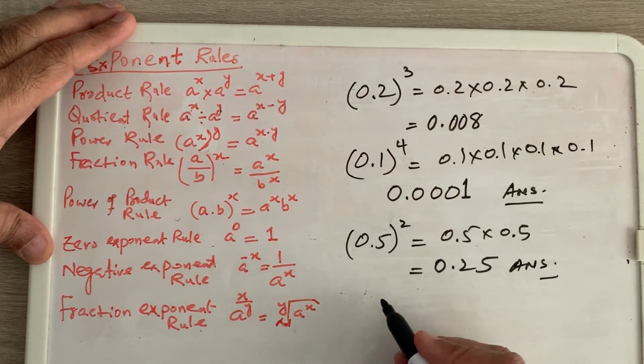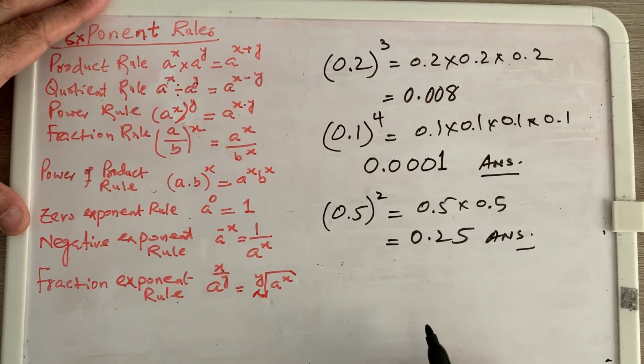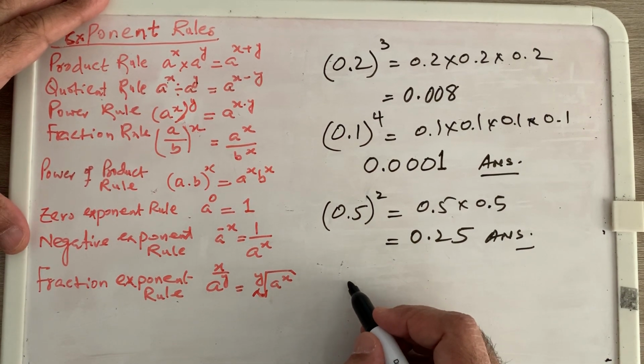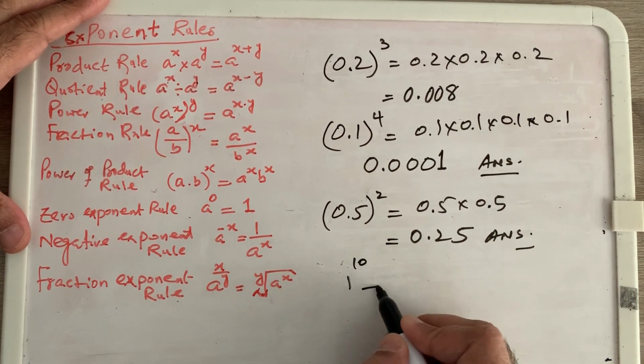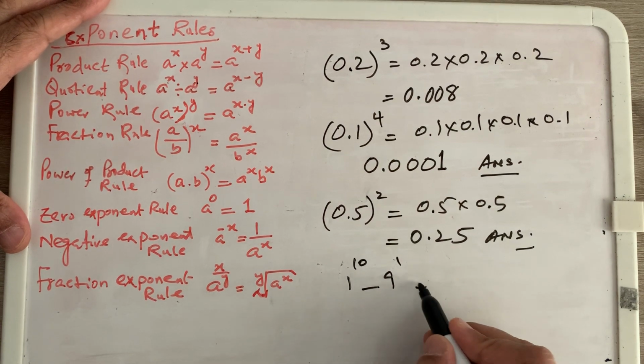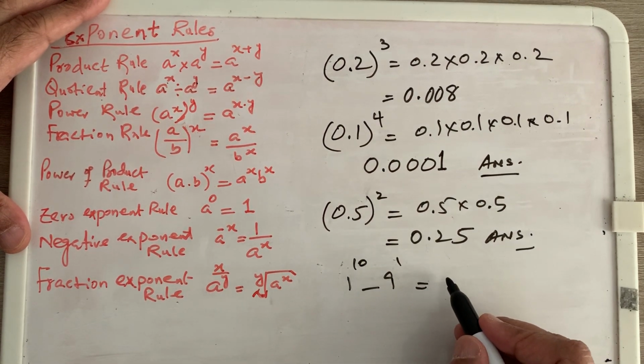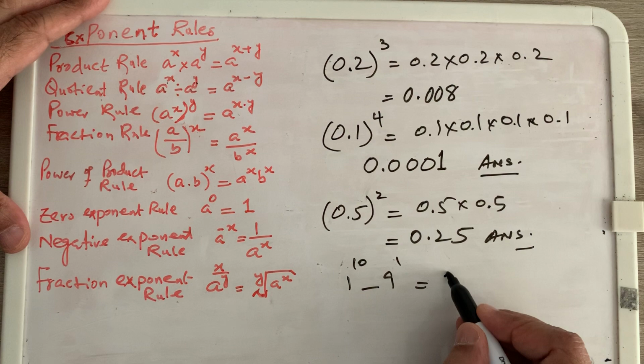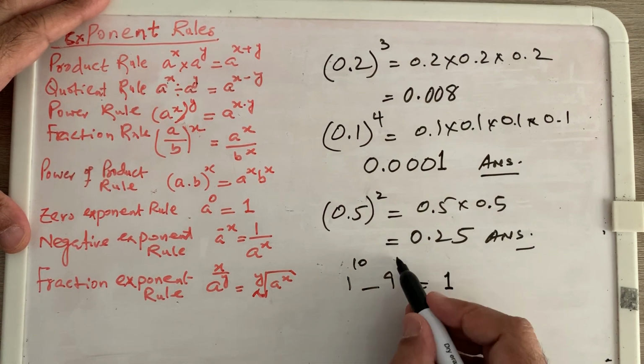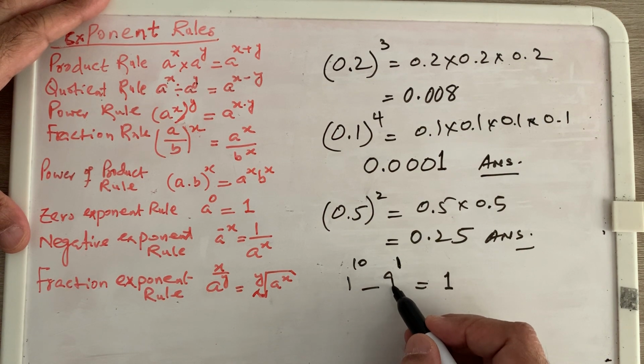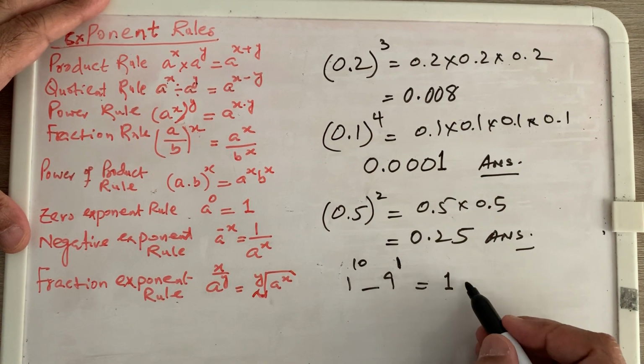So similarly, if you have something like 1 to the power 10 minus 9 to the power 1. So 1 to any power does not change the value of 1. 1 remains 1. And if the power is 1, that does not change the base value. So 9 to the power 1 remains 9.